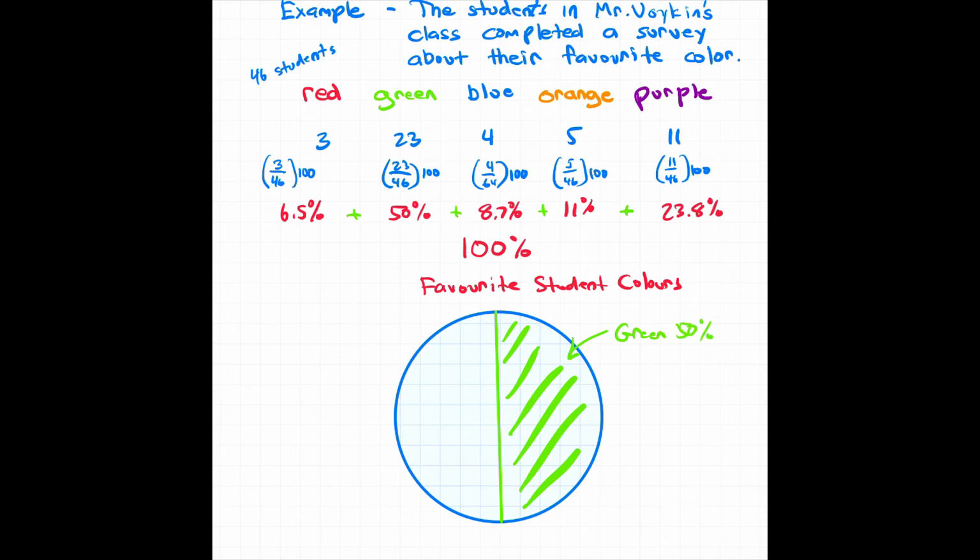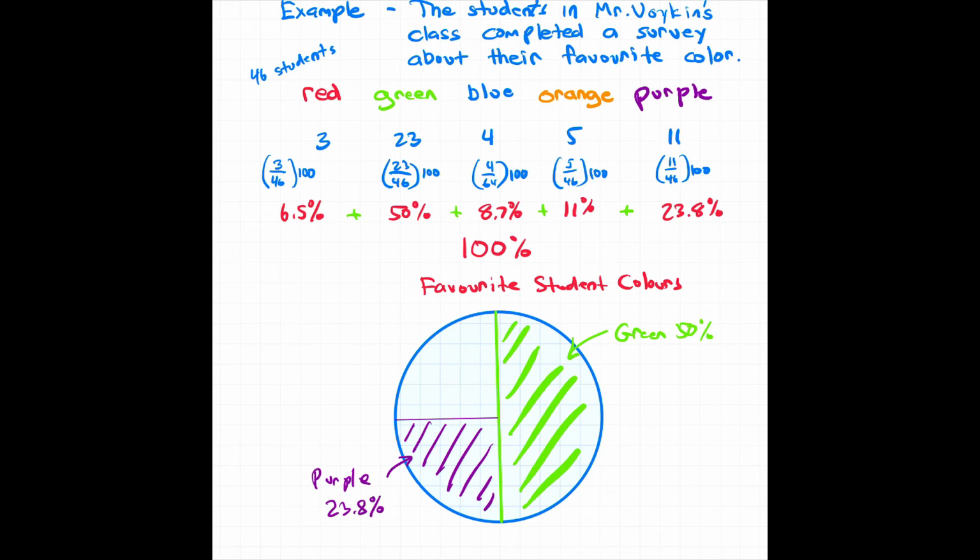Okay, now let's move over to the other one, purple. You can see that it is basically about 25%, which is 1/4. So I would have this shape over here. So right down here, this is going to be colored in purple, and this would be indicated that this is the color purple, and it is 23.8%.